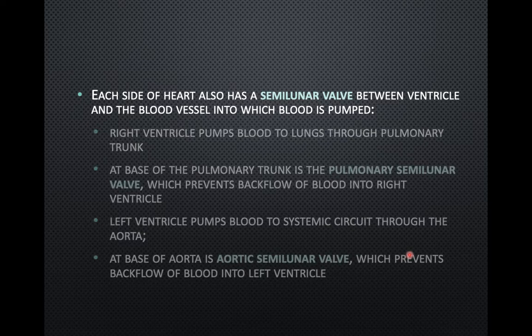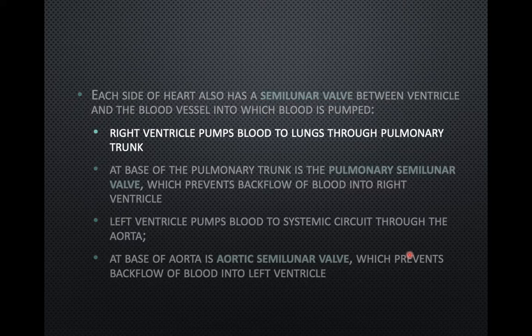Okay, so talking about valves, we've talked about the atrioventricular, which includes the tricuspid on the right-hand side, and then the bicuspid or the mitral valve on the left-hand side. We also have the semilunar valves. So these are the valves that connect a ventricle and its blood vessel.